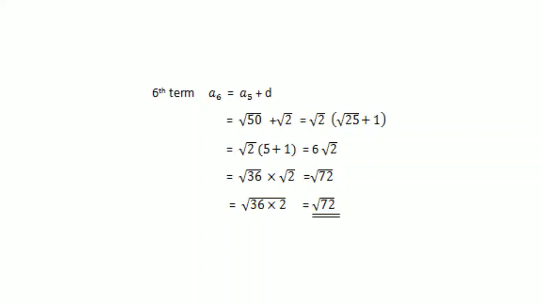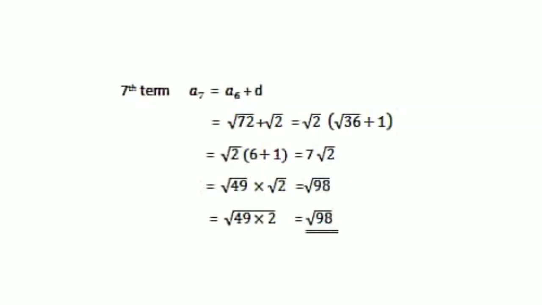So root 2 into 5 plus 1, that is equal to 6 root 2. The square of 6 is 36. Therefore, root of 36 into 2 is equal to root 72. So the sixth term is root 72.